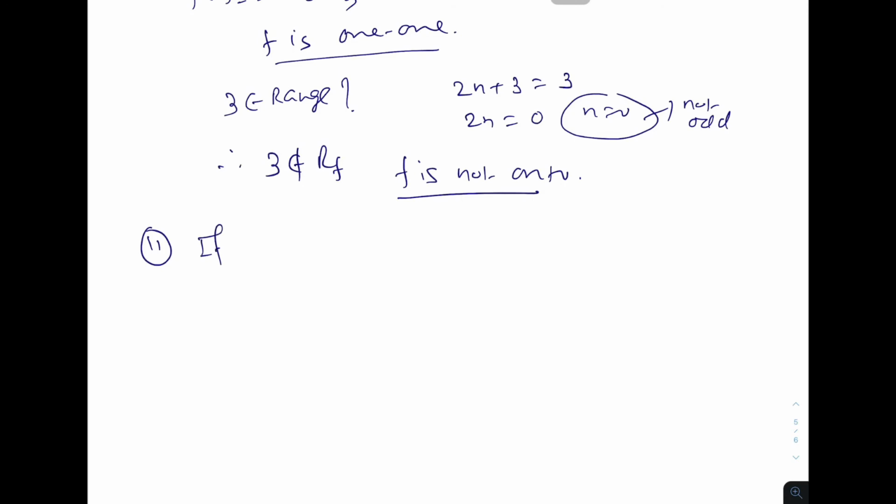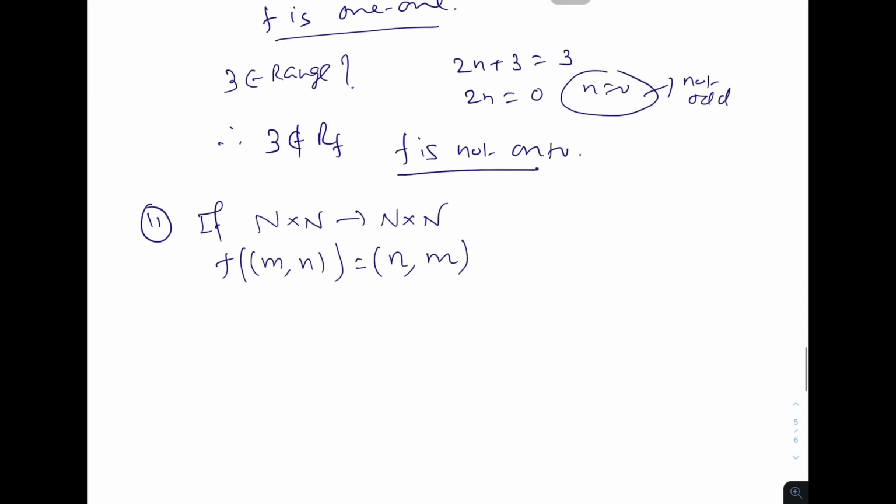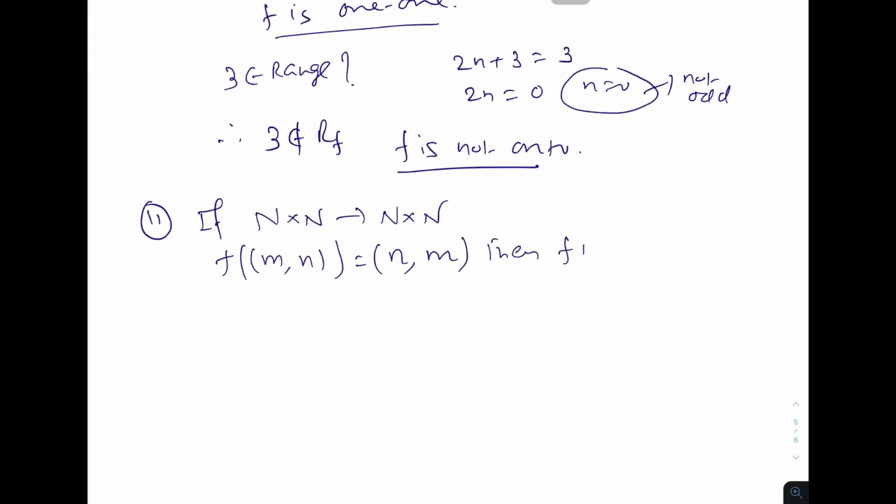Next question. If f is defined like this, from N cross N to N cross N, f of (m, n) equal to (n, m), then f is blank. This is not difficult.